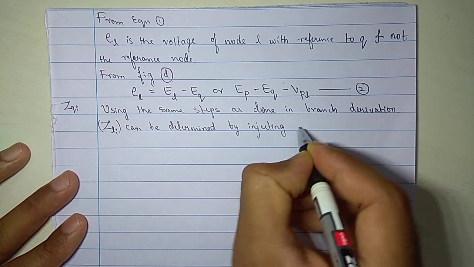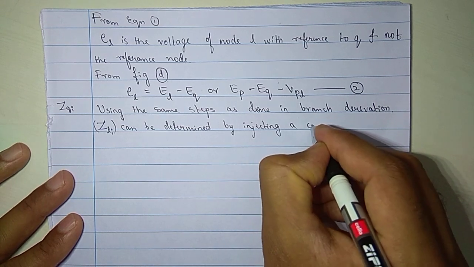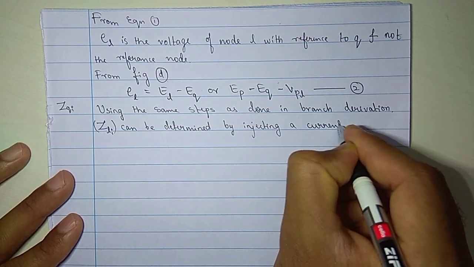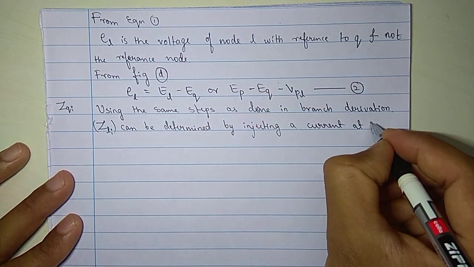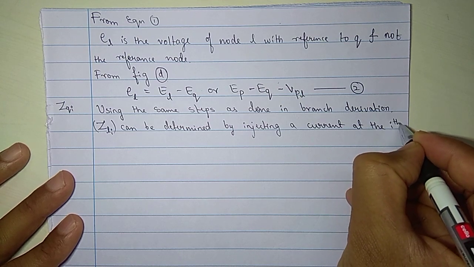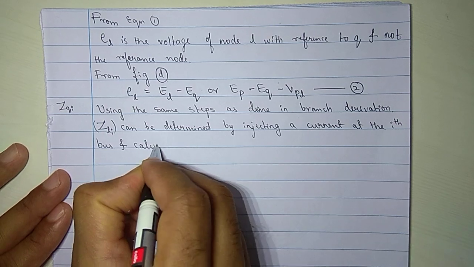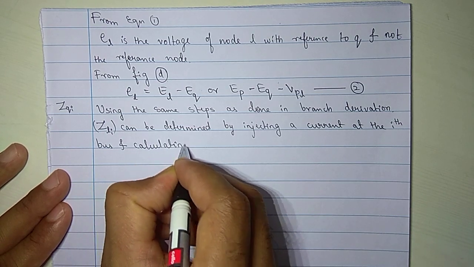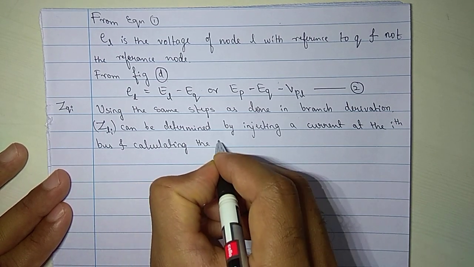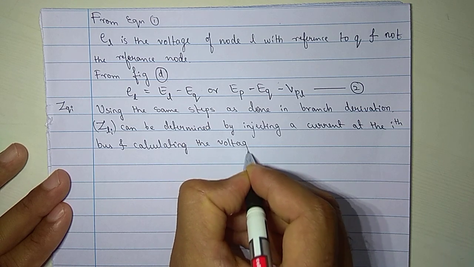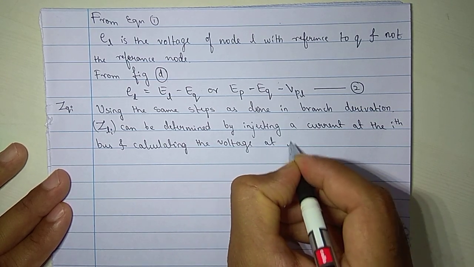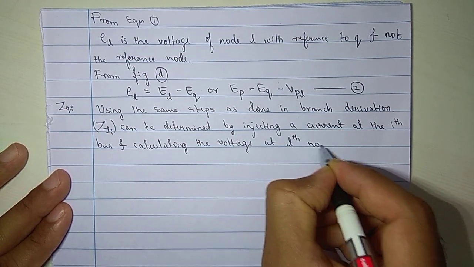injecting a current at the ith bus and calculating the voltage at the lth node.